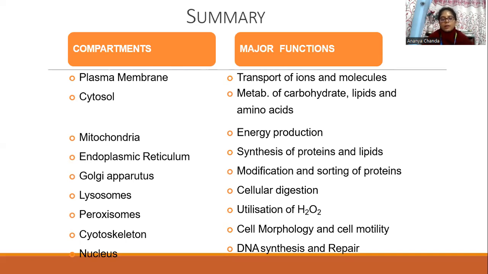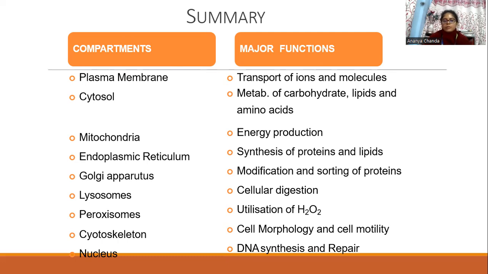And next, the organelles. The mitochondria is the powerhouse, the energy production unit. Then the endoplasmic reticulum, smooth and rough, is the synthesis site of lipids, steroids, hormones, and proteins. The Golgi apparatus is for modification and sorting of proteins.